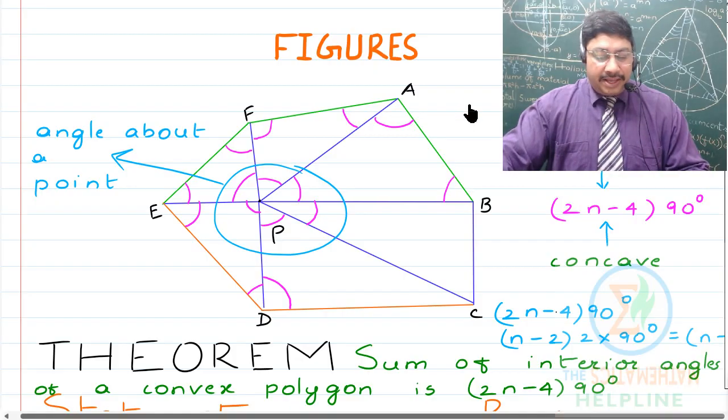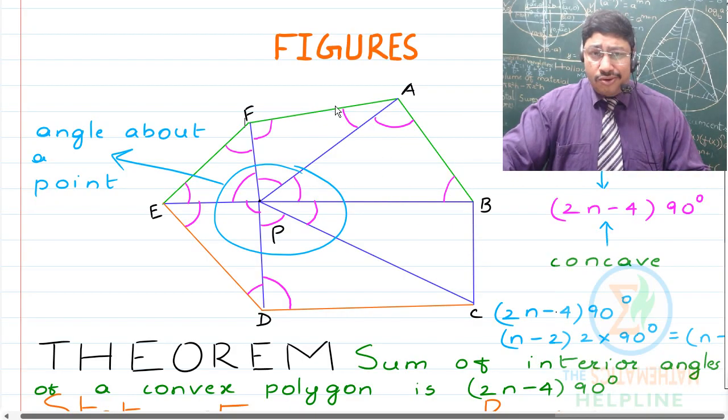Okay, so two types of angles. One is the interior angles of this convex polygon, and the second is the angles about a point.